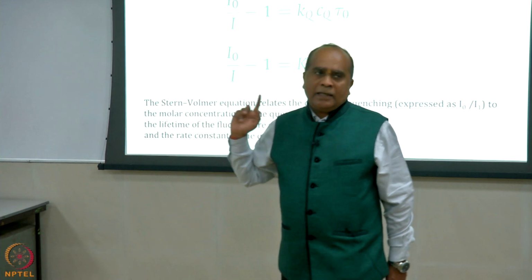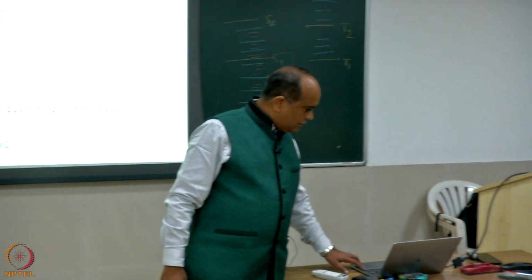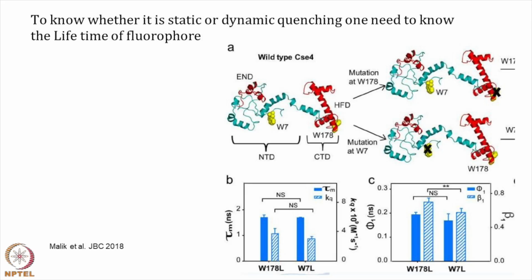I will give you one example which is all from our lab research. Let us not go into detail, this is a protein called CSC4. It is in the yeast nucleosome, a variant of H3.